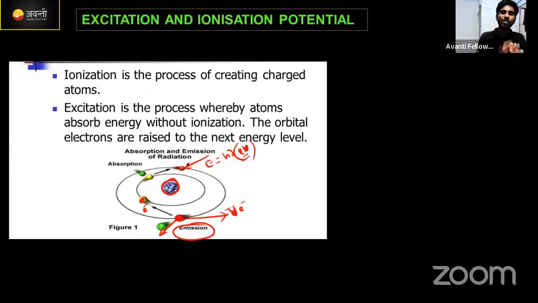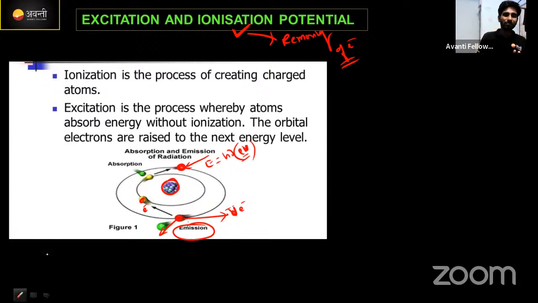How much potential is required to remove an electron from the outermost shell? That is known as the ionization potential. Ionization means simply removing of electron. Removing of electron from where? Valence state. Clear enough?